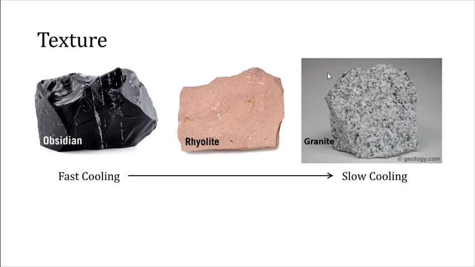This slow cooling happens underground, so this granite cooled underground. So once again, without really knowing anything about the rock, you know where it cooled: underground. Okay, rhyolite cooled above ground, and then obsidian cooled very quickly above ground, but also quenched, right?